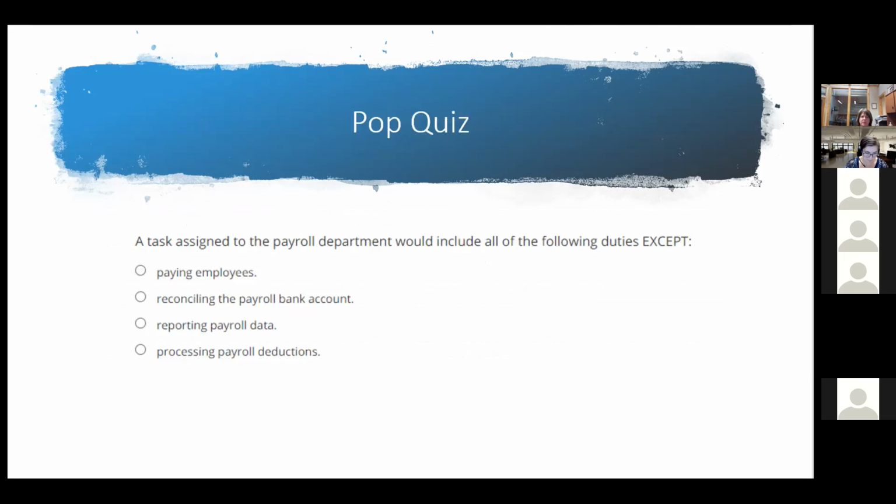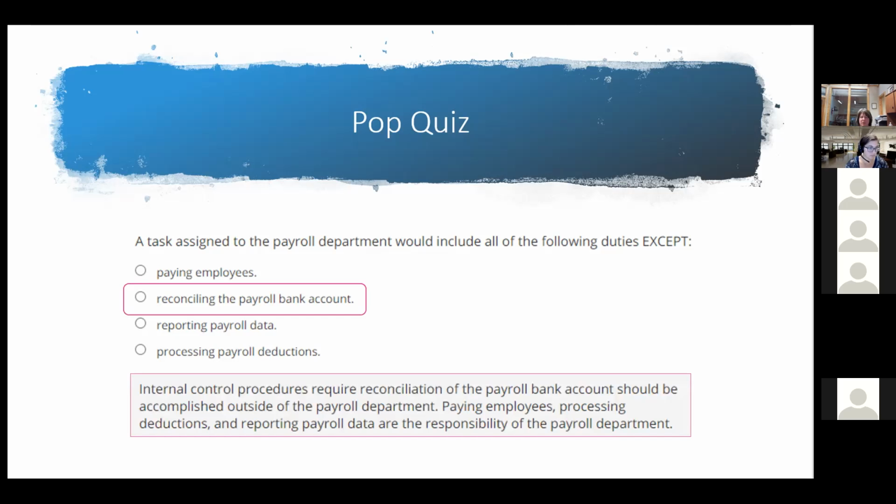And I think they ask you a question about Sarbanes-Oxley. So pop quiz. A task assigned to the payroll department would include all of the following except... Good job. Yep, reconciling that payroll bank account.